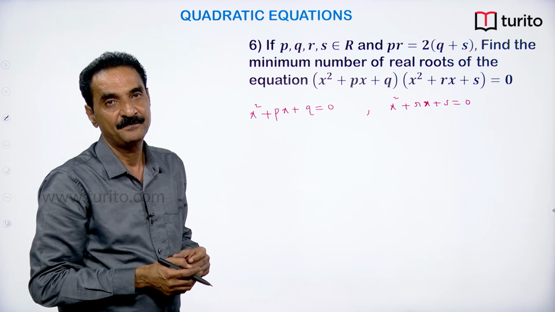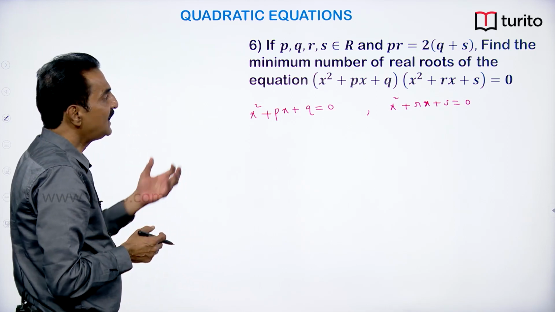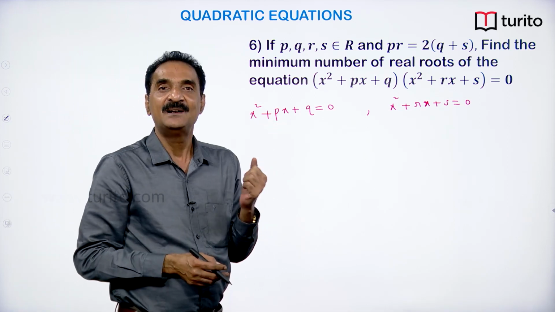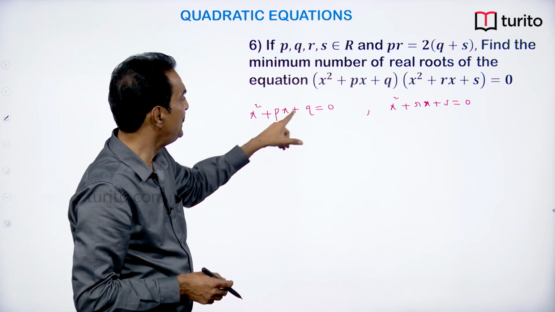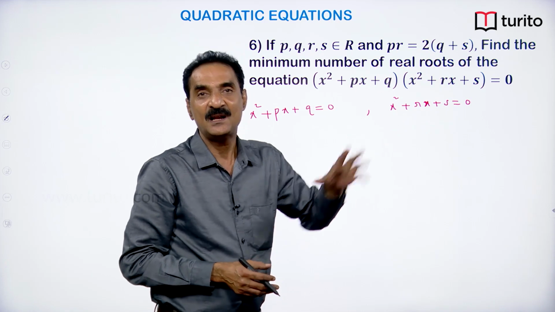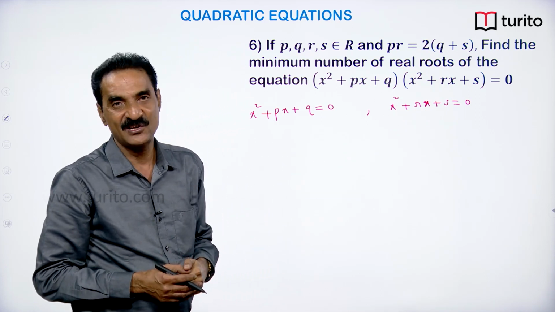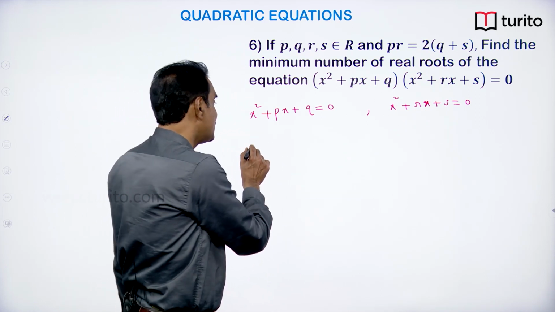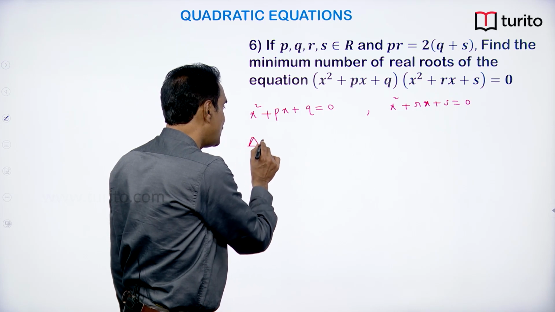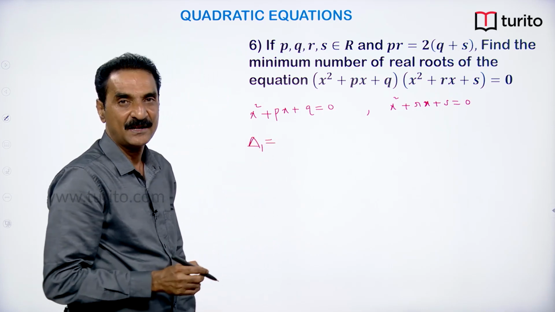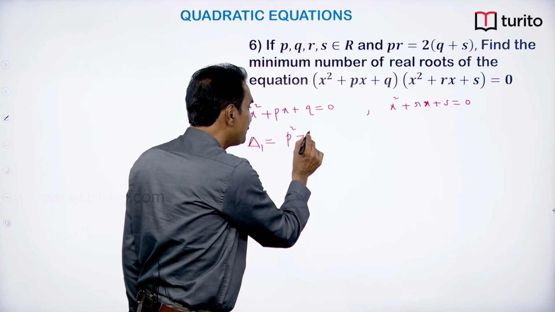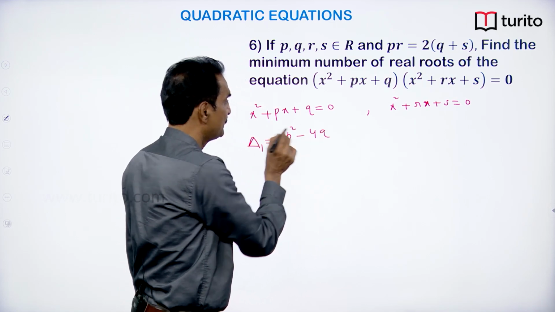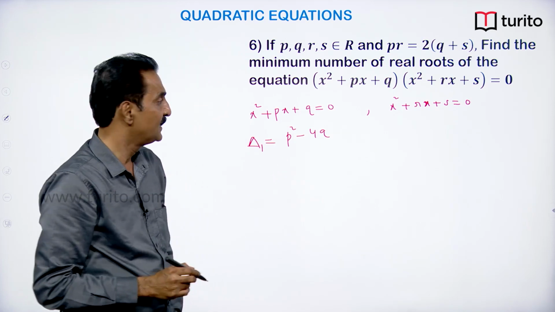We have to find. Now, real roots of this equation depends on discriminant, because coefficients are real, p and q are real, r and s are real. So, it all depends on the discriminant. Let us take the discriminant of the first equation as delta 1. What is it? P square minus 4q, b square minus 4ac.